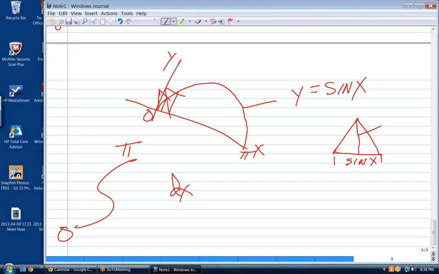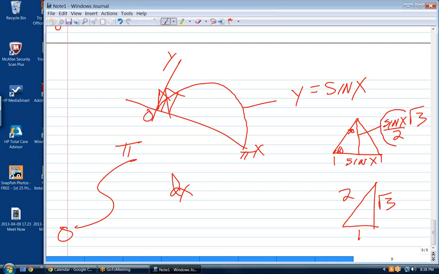It's a 30-60 triangle. That's 60, that's 30. So we know the altitude is always equal to the square root of 3 times this length here, which is sine x over 2. So this altitude is sine x over 2 times square root of 3, because our similar triangle is 1, square root of 3, 2, and our one side is half of sine x.